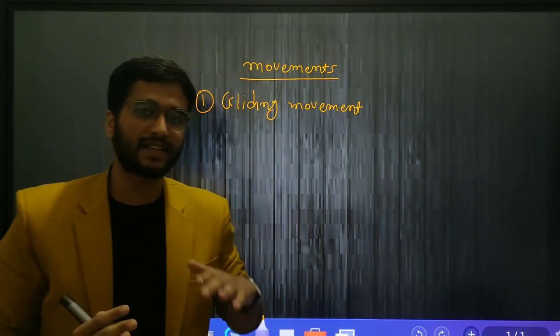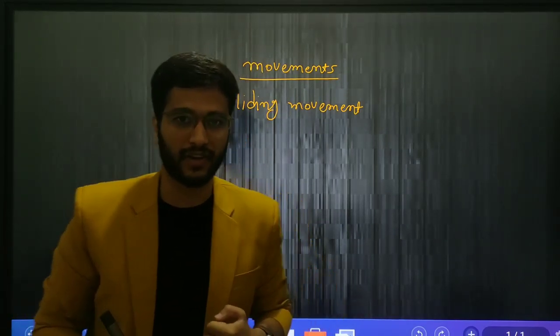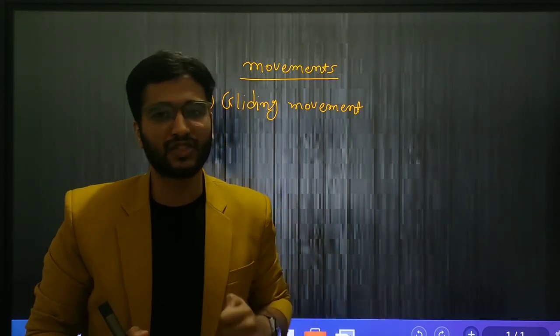The gliding movement is the movement that occurs between flat surfaces. So what kind of movement can you assume?